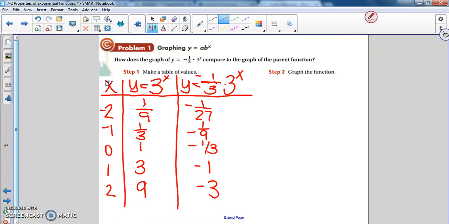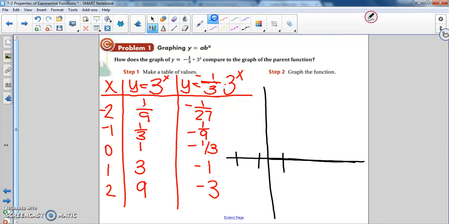So if we're to graph those functions, I'm going to do our parent function in green.